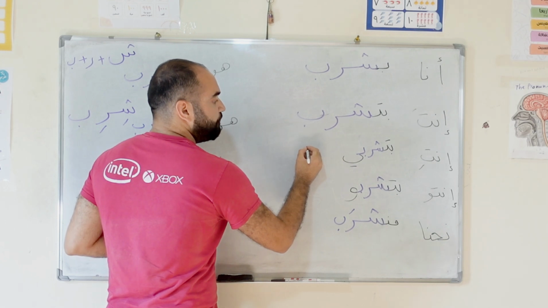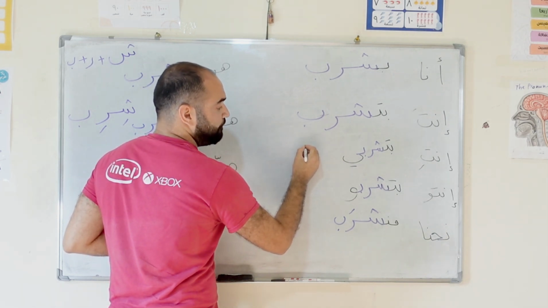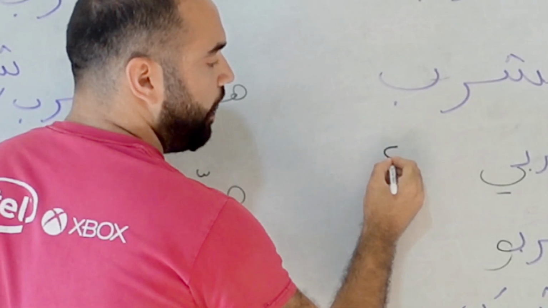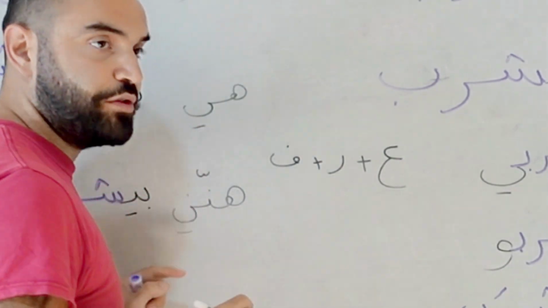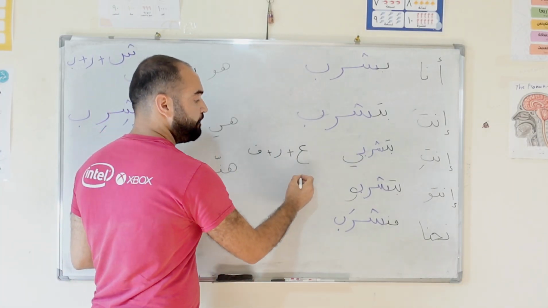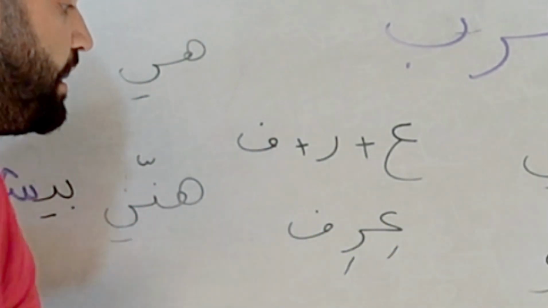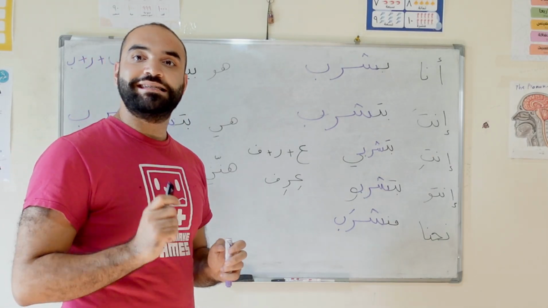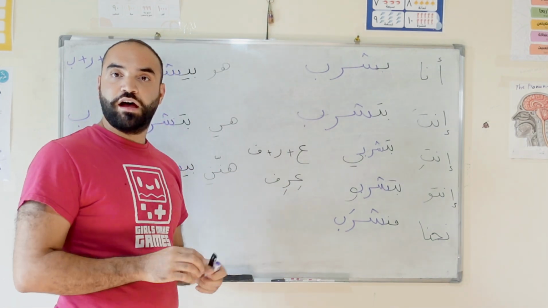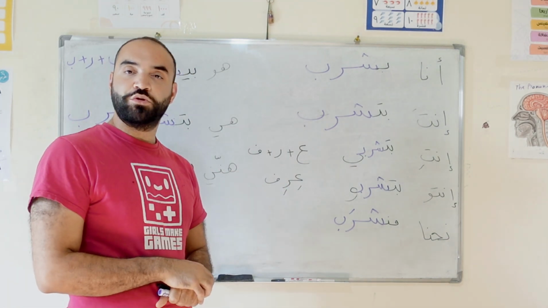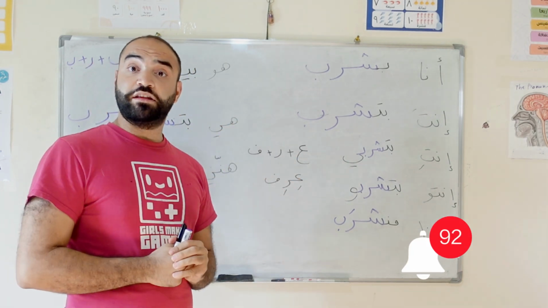So I will give you now بعرف. عرف he knew, as we said the root in Arabic it's he in the past. So عرف and then you add the prefix. So I'm going to give you just one verb today and then just please leave it in the comments.